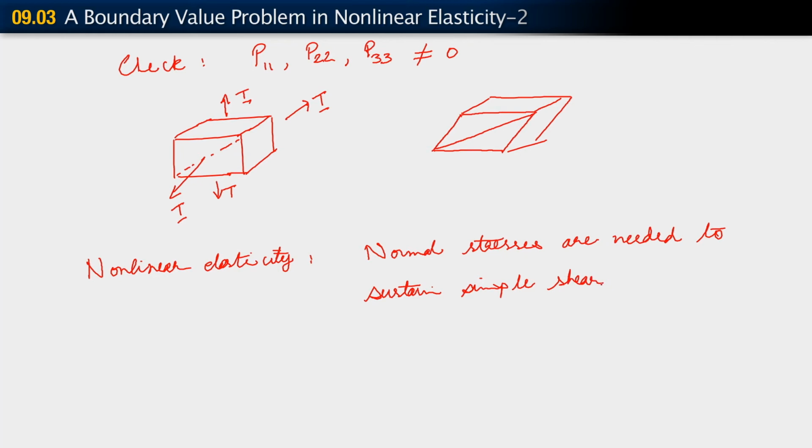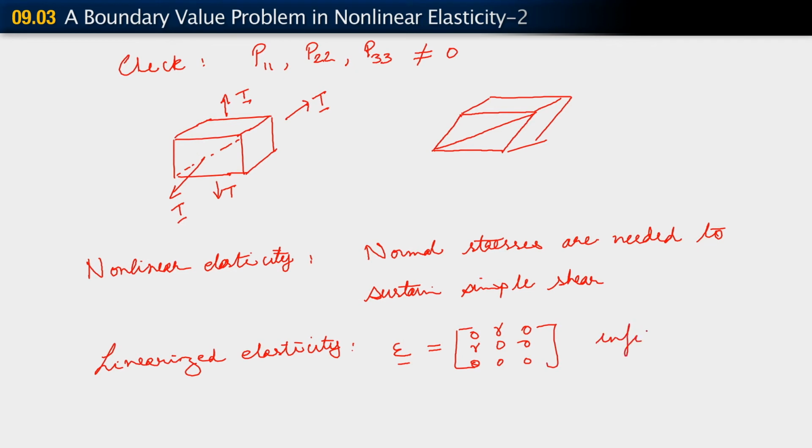In contrast with linearized elasticity, which is based upon the infinitesimal strain. For linearized elasticity, what you would conclude is that the infinitesimal strain tensor, epsilon, is this. Sorry, I don't have gamma. I have a gamma here as well. This is the infinitesimal strain tensor.